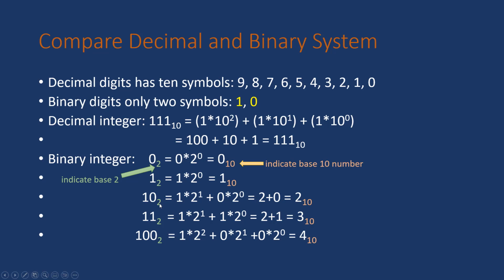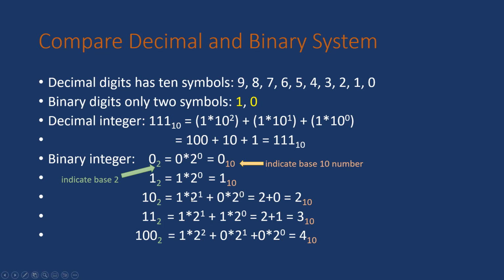Let's continue with the binary number 10. Since binary only has 1 and 0, if we go over 1, we have to use another position to represent the different number. So the binary number 10 is equal to 1 multiplied by 2 to the power 1, plus 0 multiplied by 2 to the power 0.